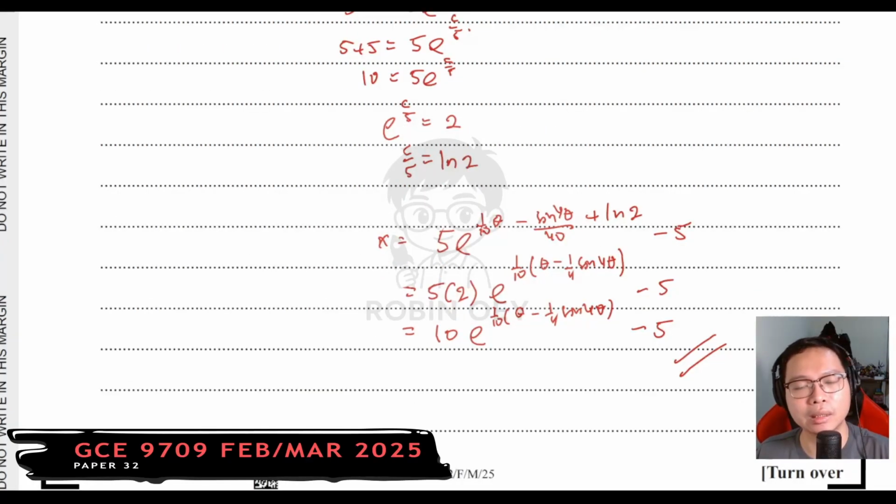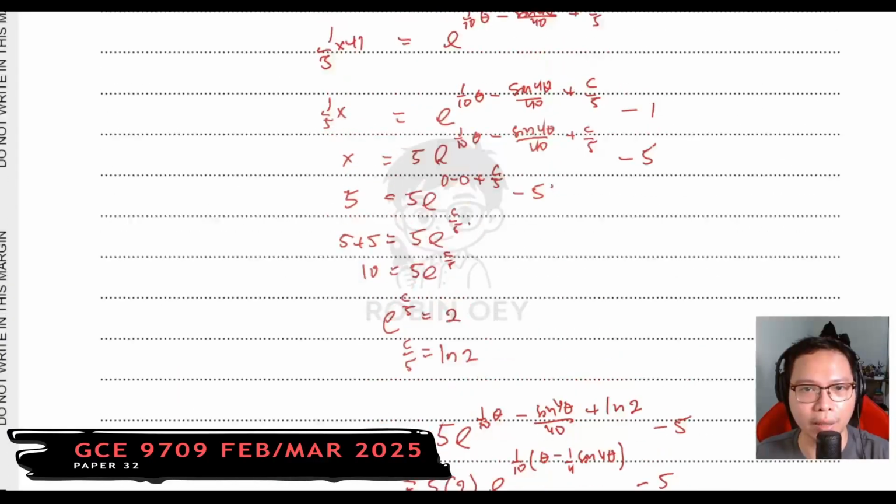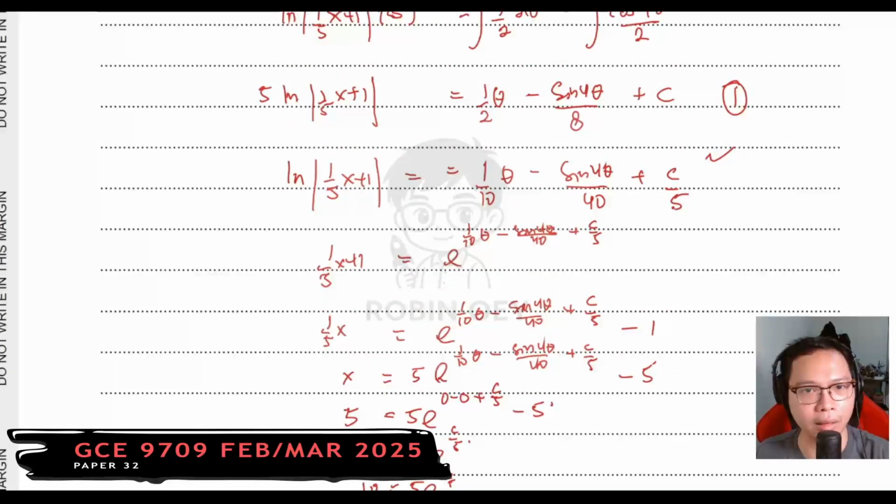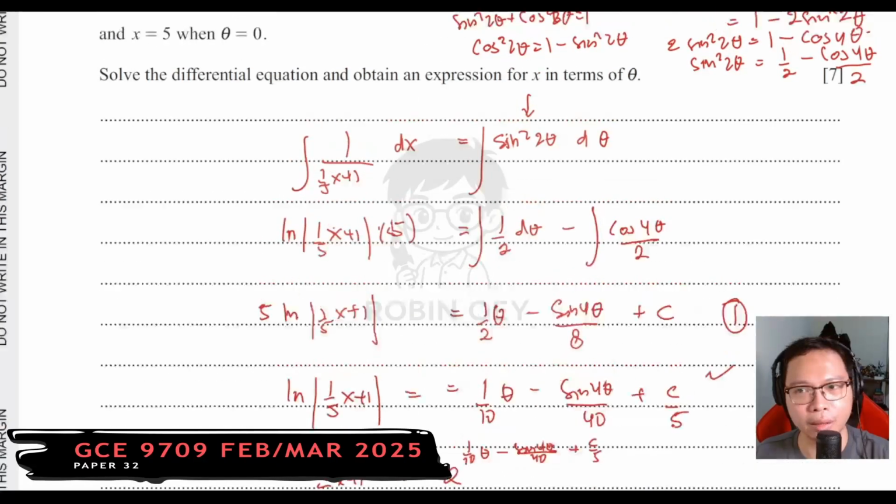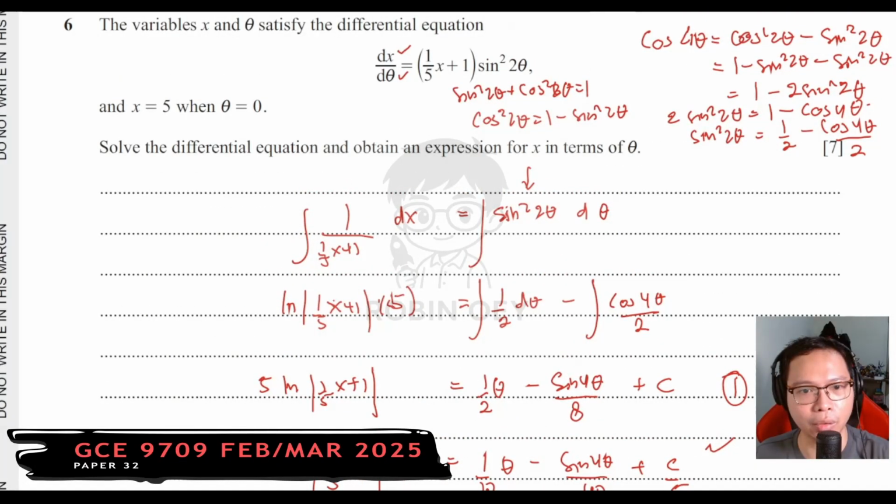This differential equation can be very tricky because we have two different variables, x and theta. Again, let me explain from the beginning. First we need to separate. Then we integrate. Remember when integrating trigonometry equations, we cannot integrate the square form, so the square form needs to change into the double angle form.